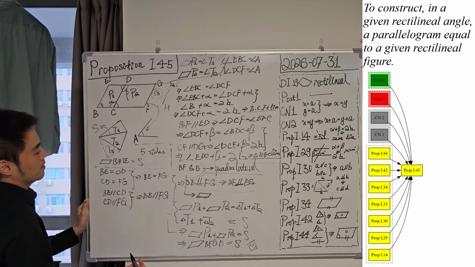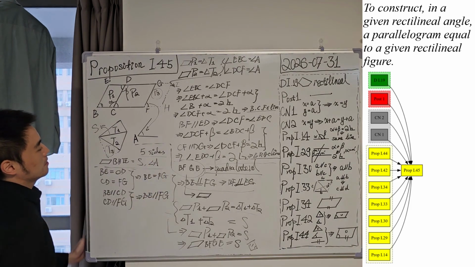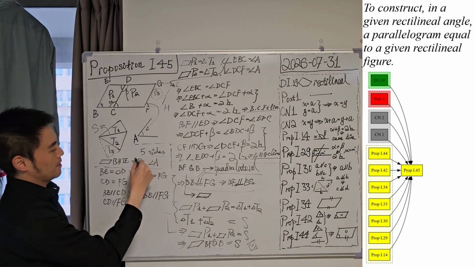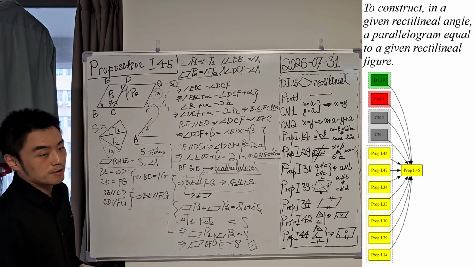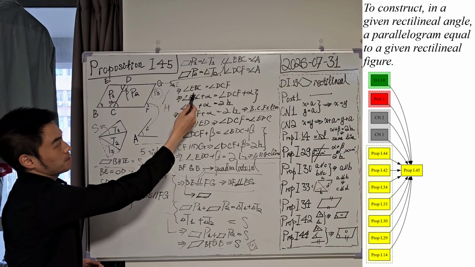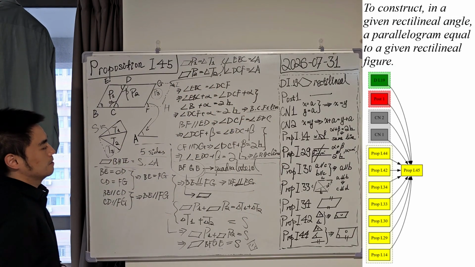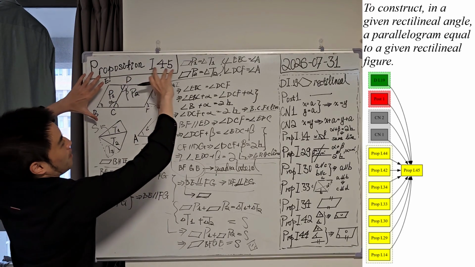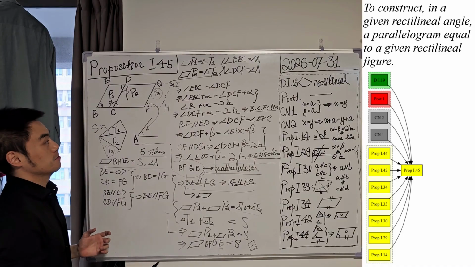It is this multilateral figure, and it is in angle A. Great. And if we have more than 5 sides, we can just reproduce parallelograms on the right side again, and construct a whole parallelogram as we are looking for, or we are supposed to construct.